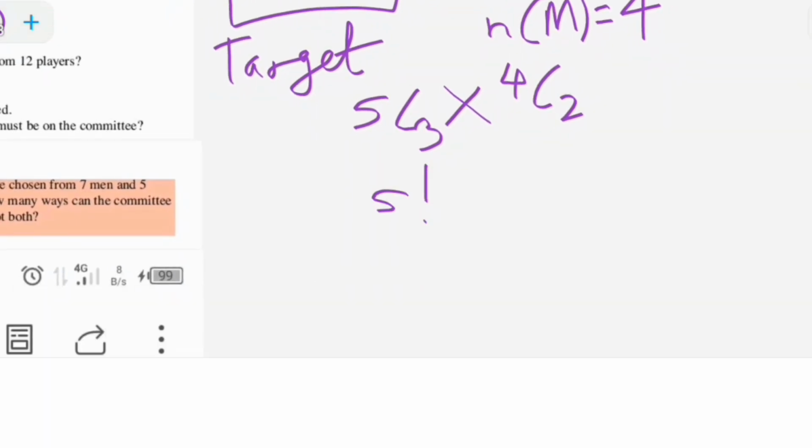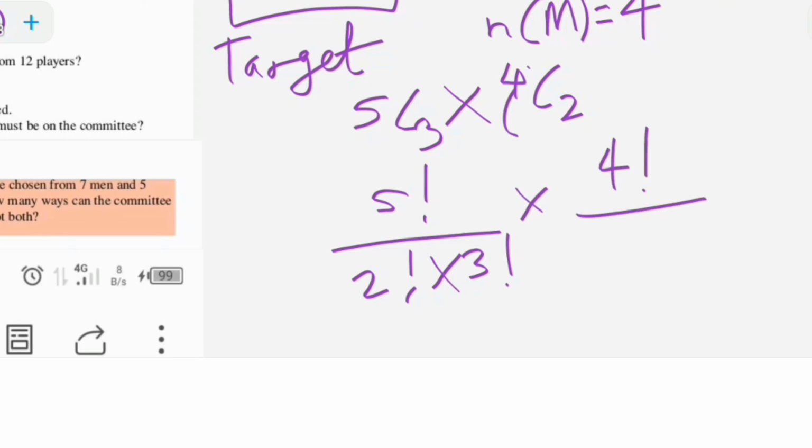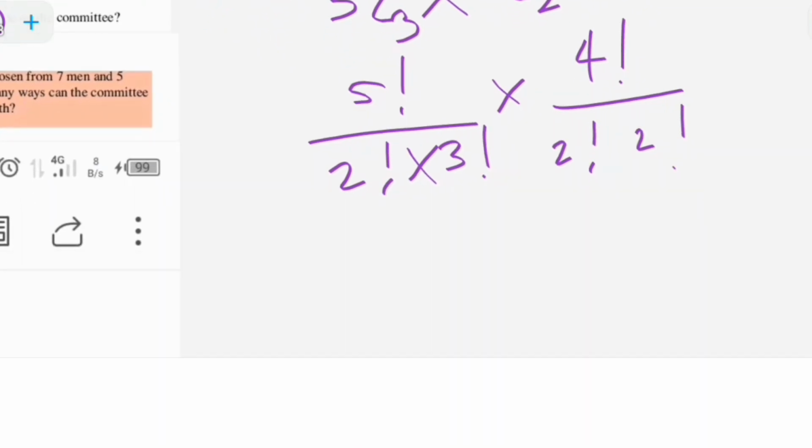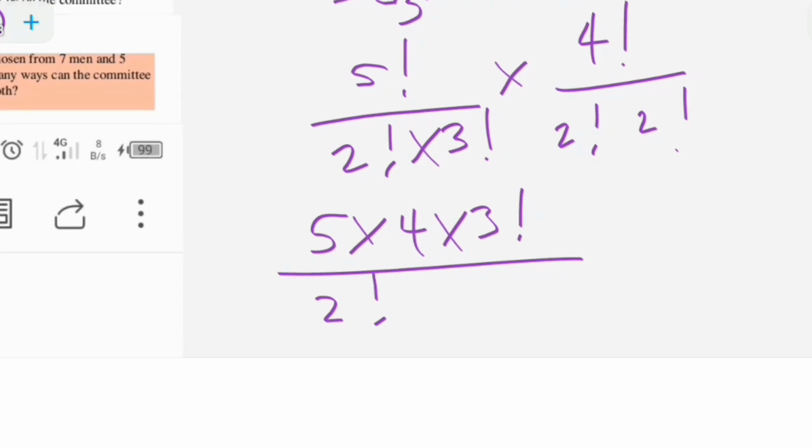So this will be 5 factorial divided by 5 minus 3, 2 factorial, times 3 factorial, times 4 factorial over 4 minus 2, 2 factorial, times 2 factorial. So just solve this. 5 factorial is 5 times 4 times 3 times 2 factorial, and we have 3 factorial at the bottom.